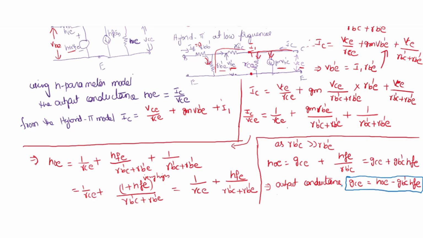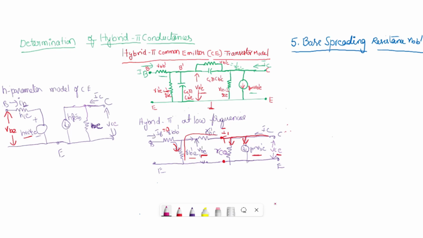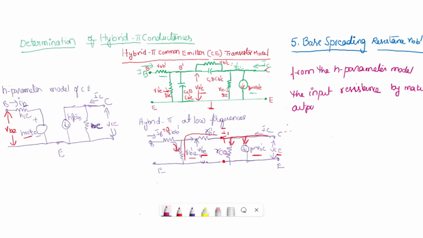Okay, so I think you understand. Now the last one is not a conductance actually, it is simply the base spreading resistance RBB dash. From the H parameter model, take the input resistance by making the output short.